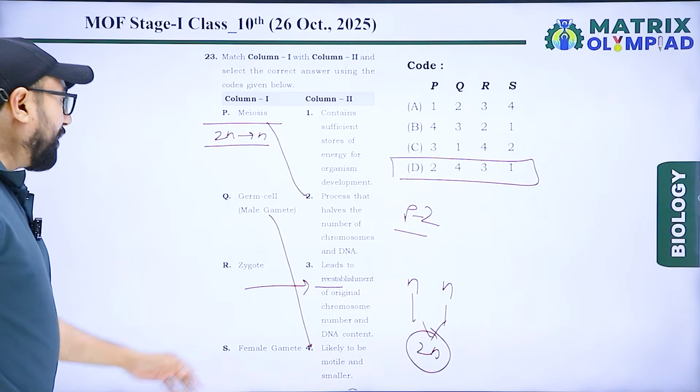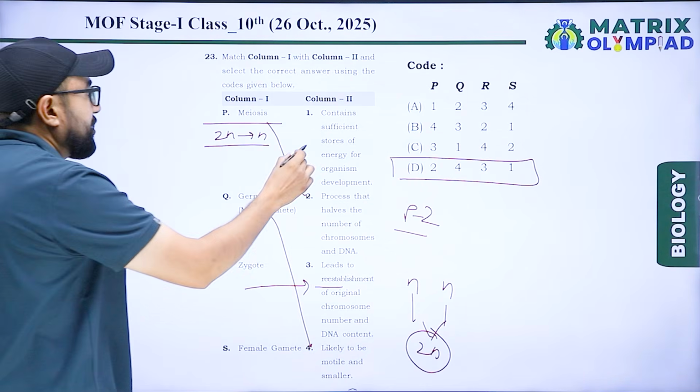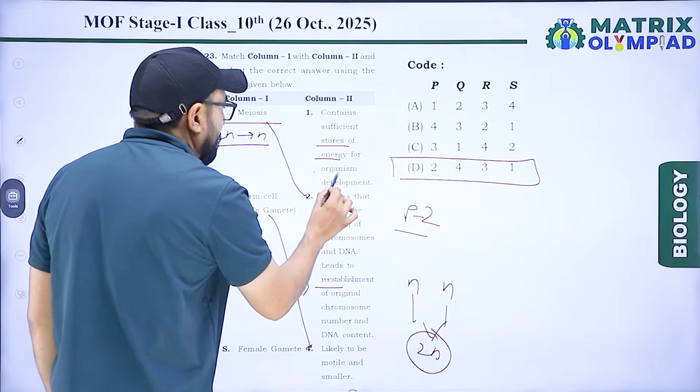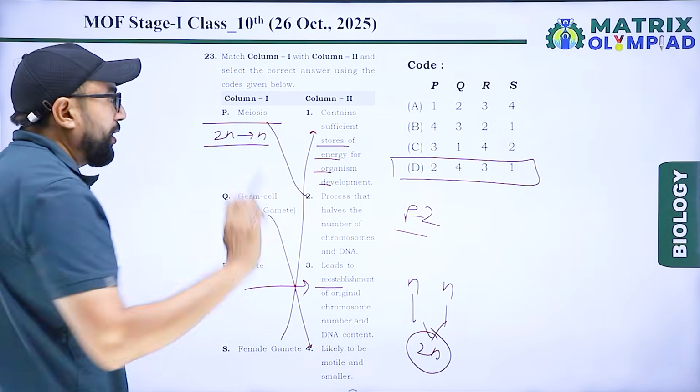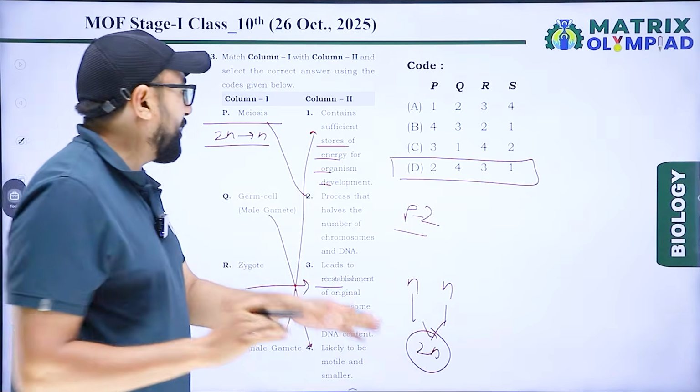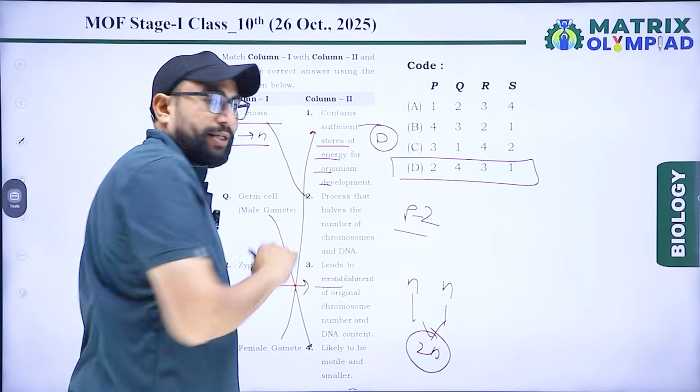Female gamete contains sufficient stored energy for the organism's development. That is right. So according to column first and second, option D is right.